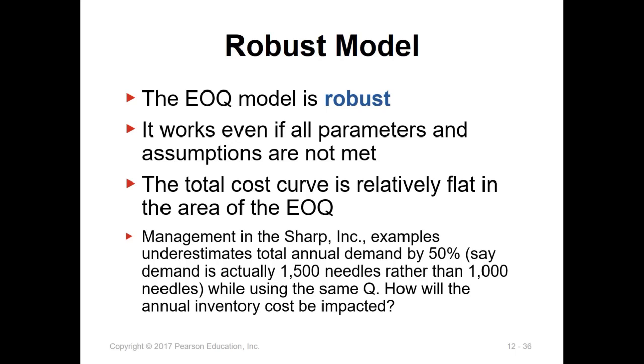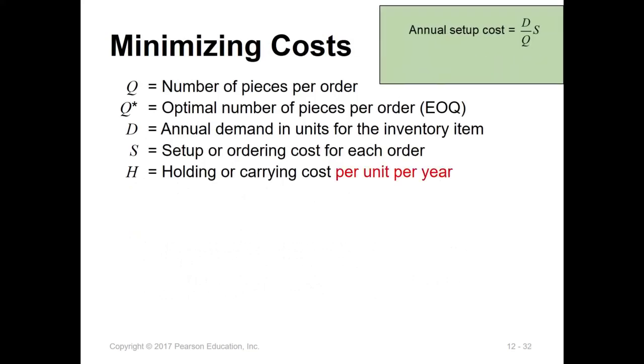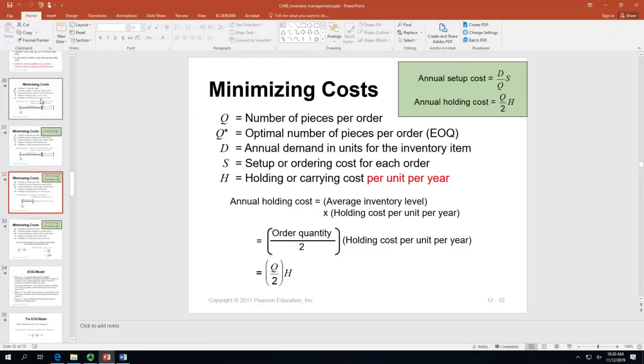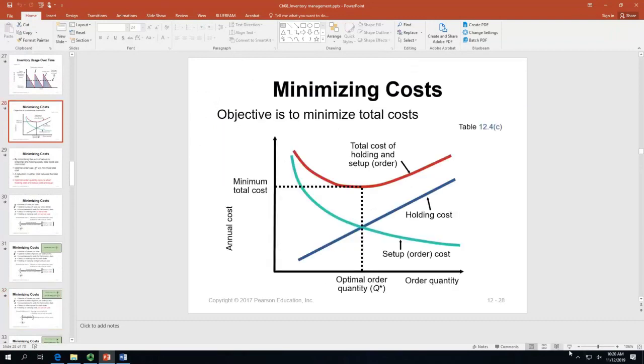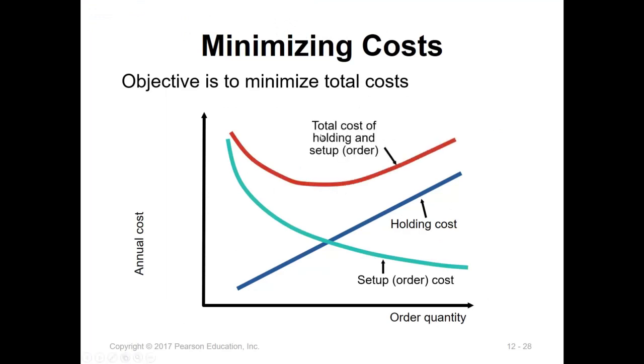So that means if you look at this curve, the total cost of holding and ordering cost, this curve in the bottom part is very flat. That means you change the order quantity smaller or bigger, and the total annual cost will not really vary much.